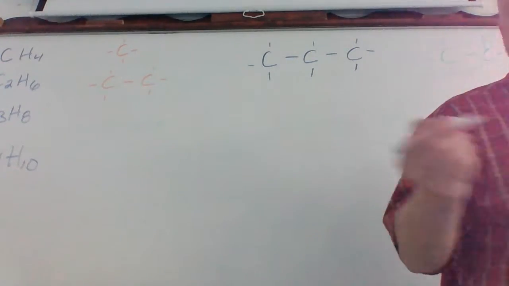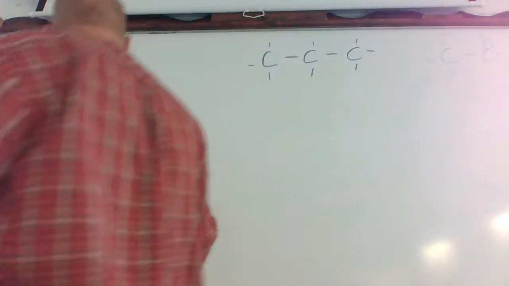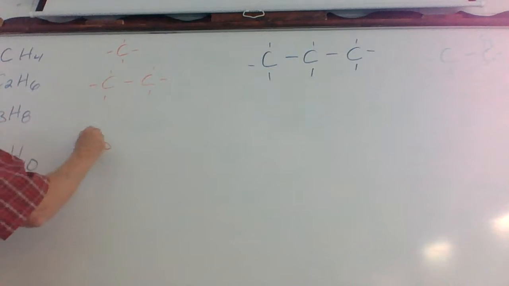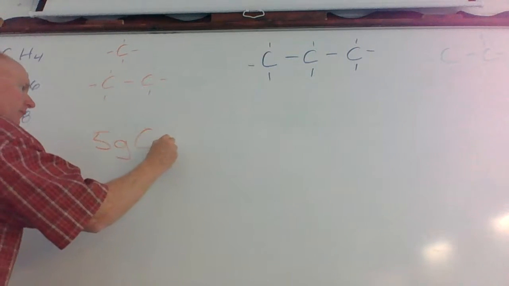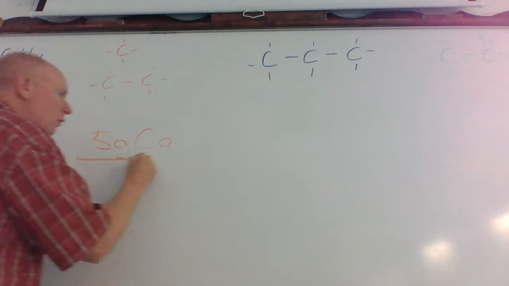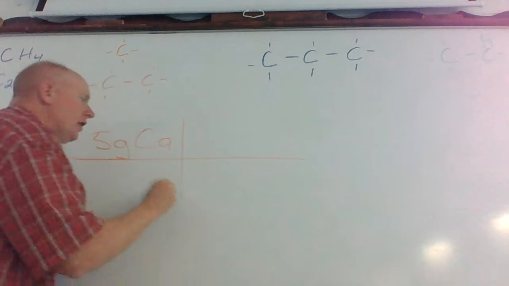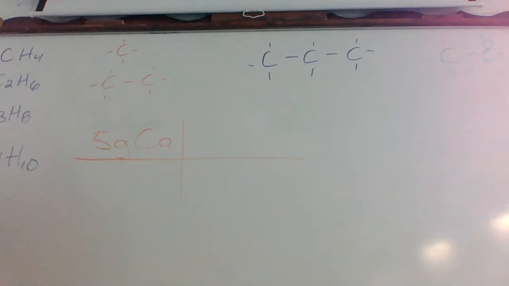5 grams. So if we have 5 grams of calcium, we want that to cancel out in our second step. We're on step 1, so when we go to step 2, how do we get that gram to cancel out? Put it on the bottom, and what number would that be?